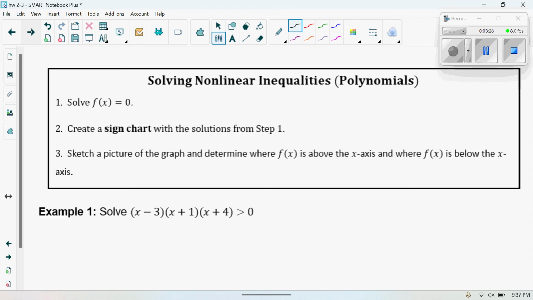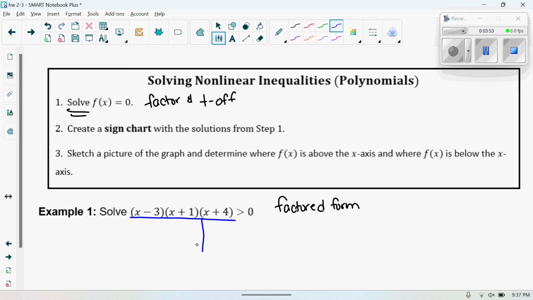So first thing is, in example 1, notice that I am in factored form. If for some reason I was not in factored form, your first step would be to solve for f of x equals 0. So we're going to factor and tee off. Okay, so mine's already in factored form, so I'm just going to tee off.